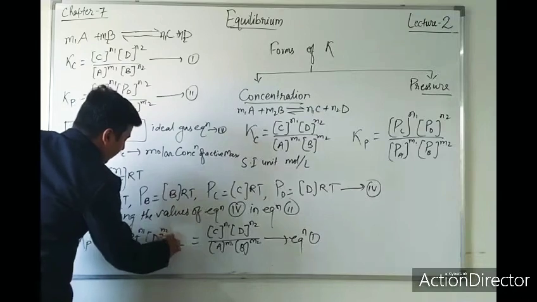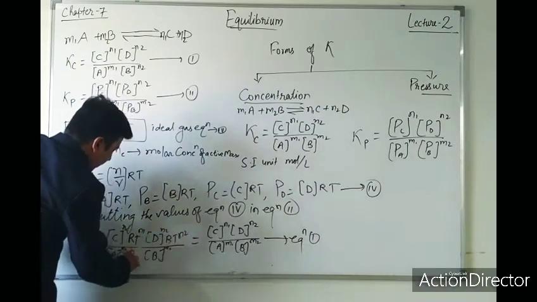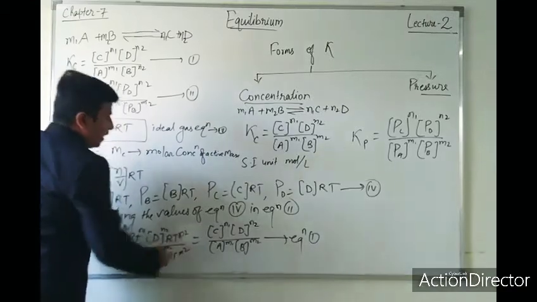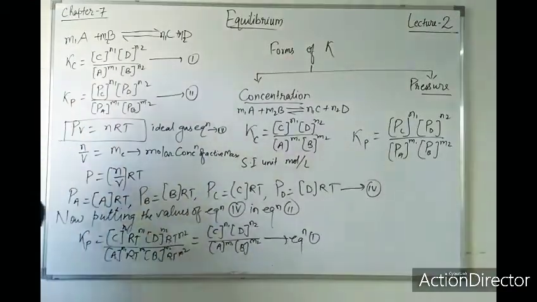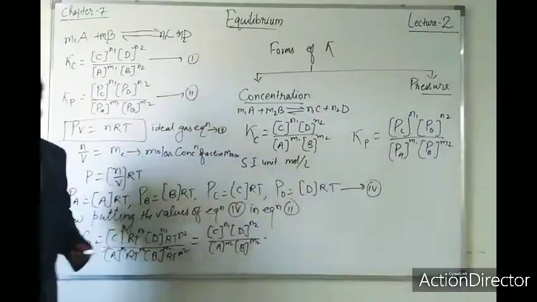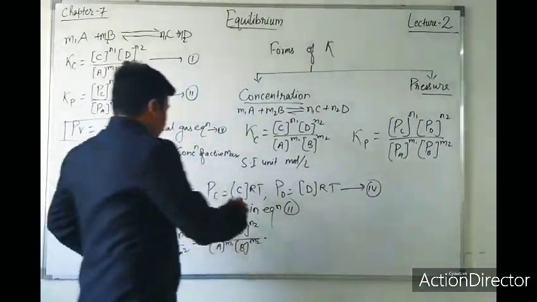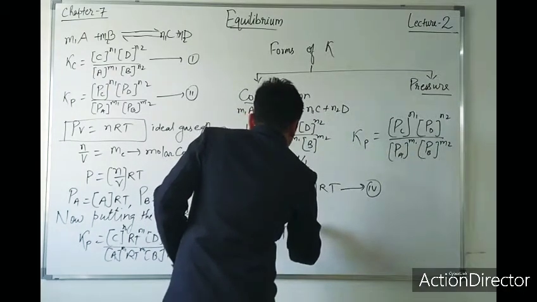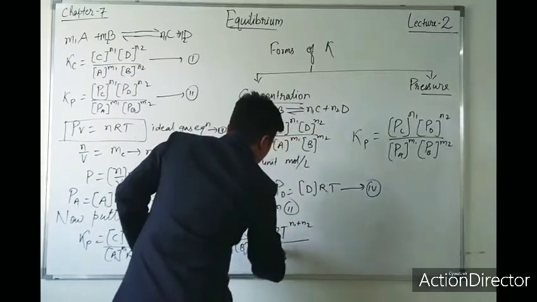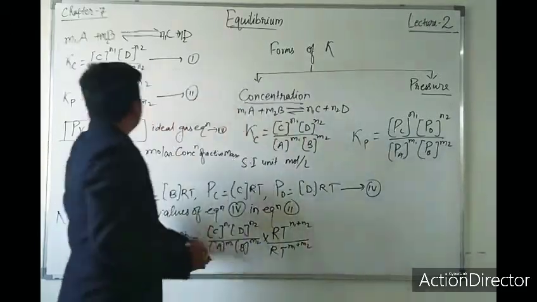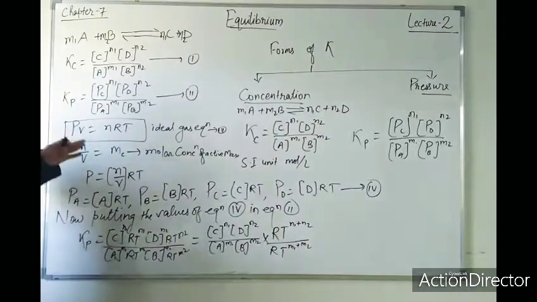RT N1, RT N2, RT M1 and RT M2. Right? So the value you are getting is nothing else but RT N1 plus N2 upon RT M1 plus M2. So here the value you are getting is Kc into RT.